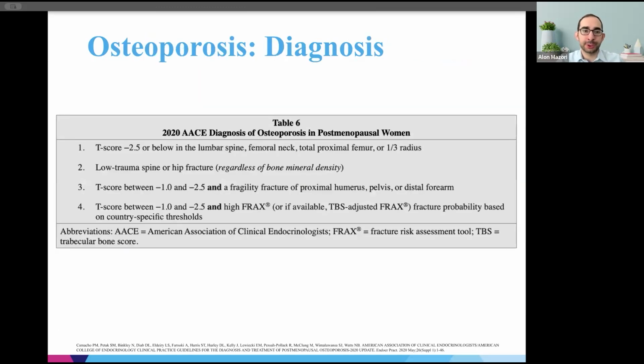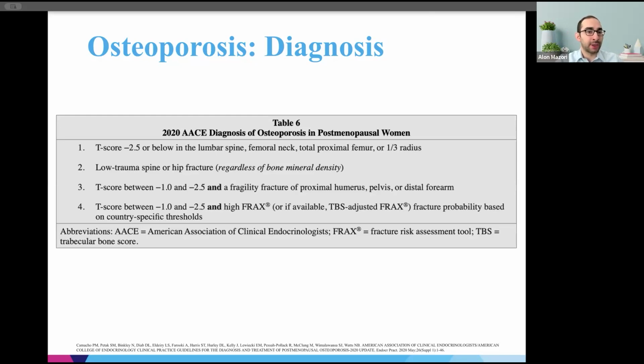If we wanted to define osteoporosis, we could use the American Association of Clinical Endocrinologists criteria, which are in line with the criteria from other national and international societies. We see one, a T-score of minus 2.5 or below in the lumbar spine, femoral neck, total proximal femur, or distal 1/3 radius. Two, a low trauma spine or hip fracture, regardless of bone mineral density.